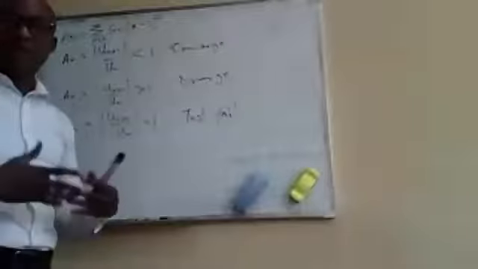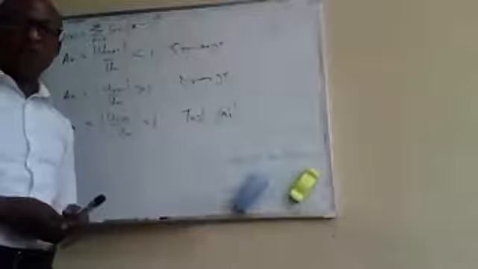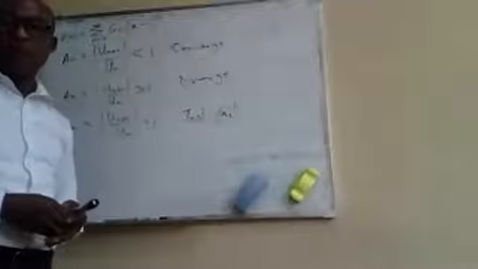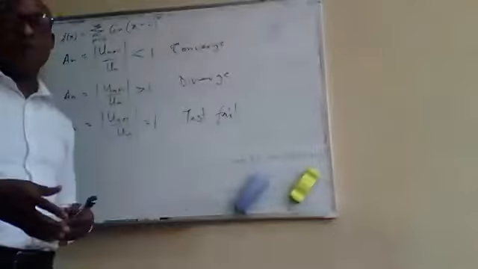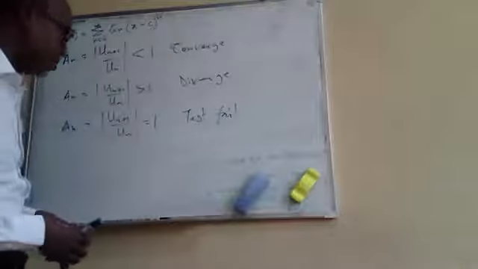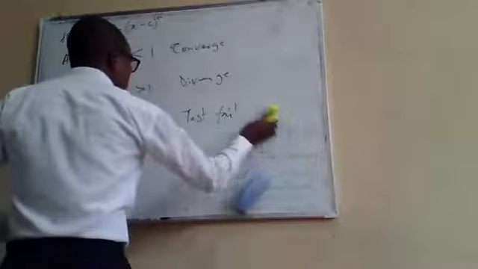Let's take an example and check for the convergence of that series. I will test for the convergence and show you how to determine the radius of convergence of that particular series. I'll be taking an example from your first material.